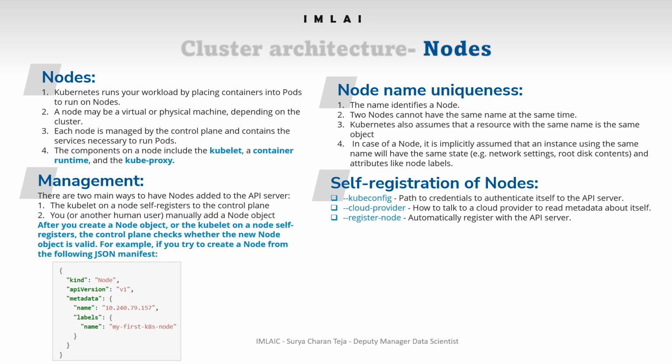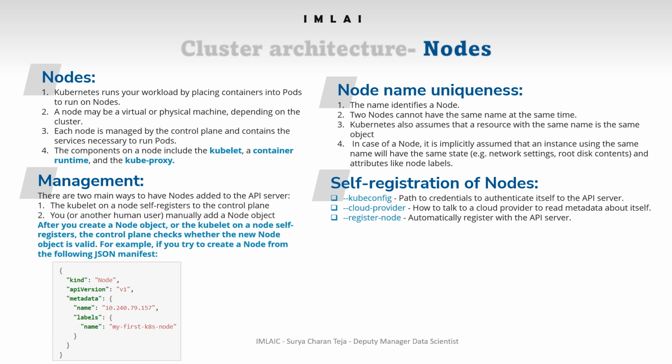For self-registration, the kubelet is started using the following options. One is the kubeconfig flag, which is the path to credentials to authenticate itself to the API server. First, authentication will be done.